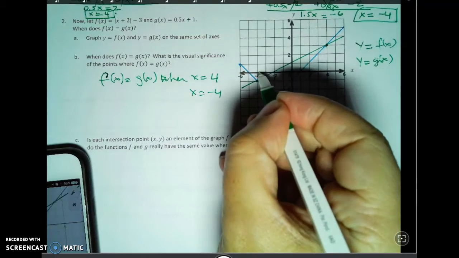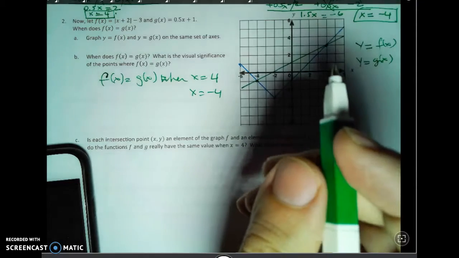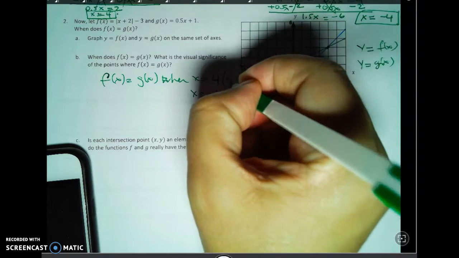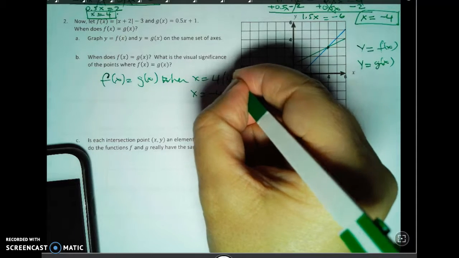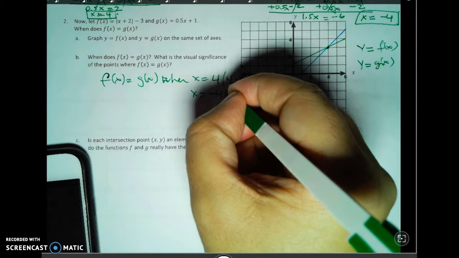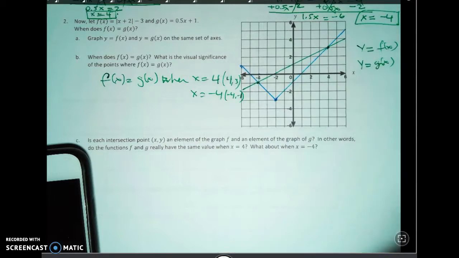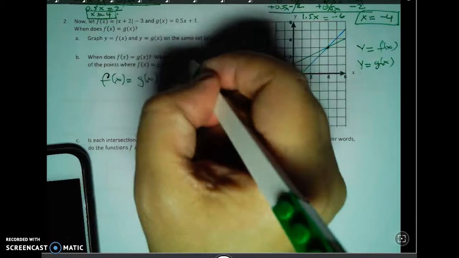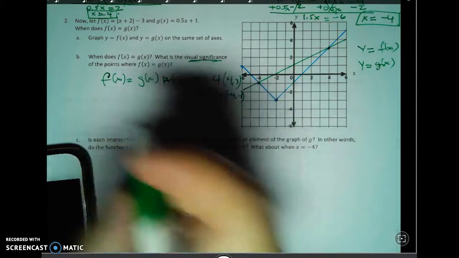Okay, x is 4, x is negative 4, and the points are in this case (4, 3), and the other point was (negative 4, negative 1). So the points where f of x equals g of x are the intersections. The significance is that that's where the graphs intersect.